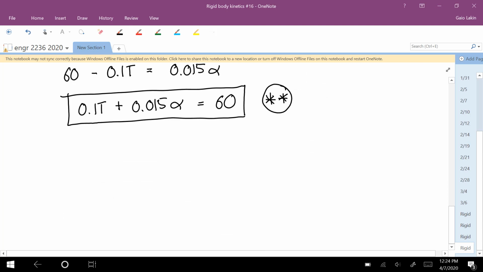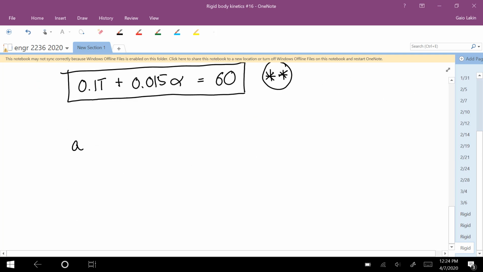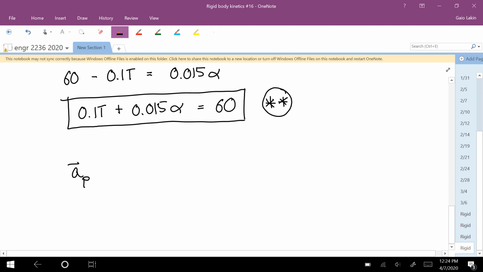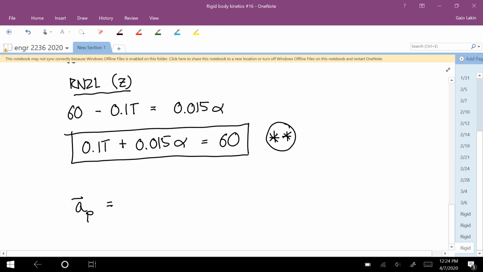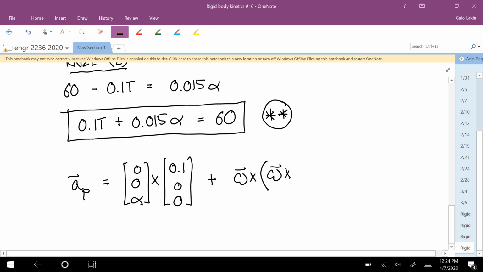Let me name that point on the pulley. I'll call that P. So the acceleration of P is equal to 0, 0, alpha crossed with the r vector, 0.1, 0, 0, plus omega cross omega cross r.